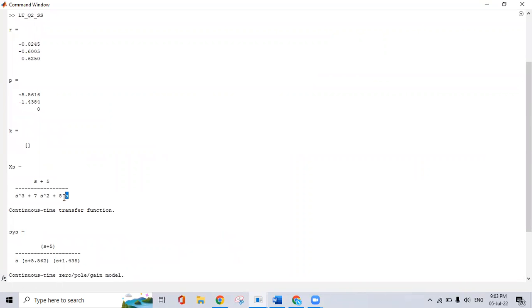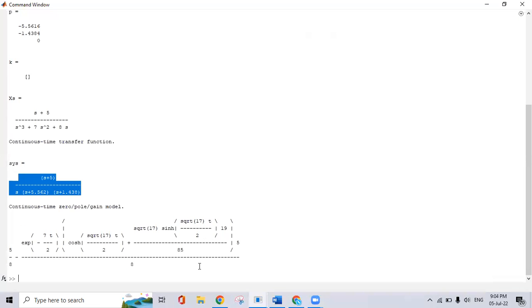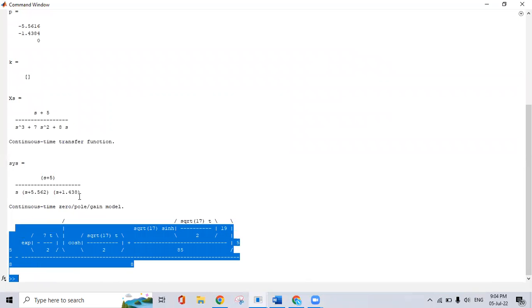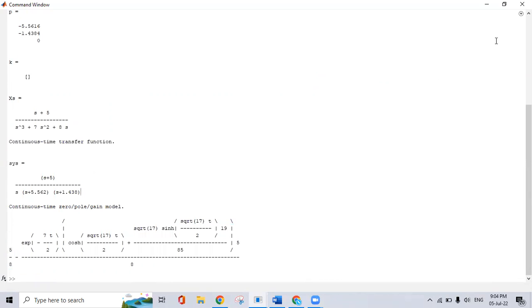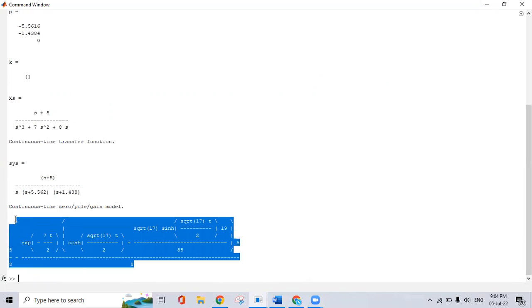And this is the S domain. And this is the output of the function TF. And this is the inverse Laplace. Okay, so this is my answer for my question 2.